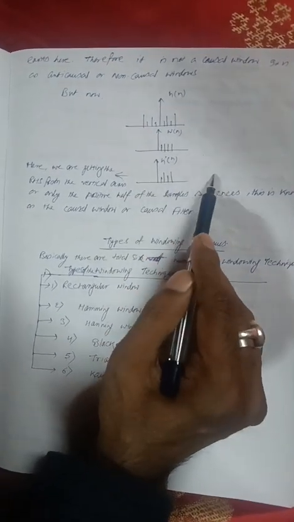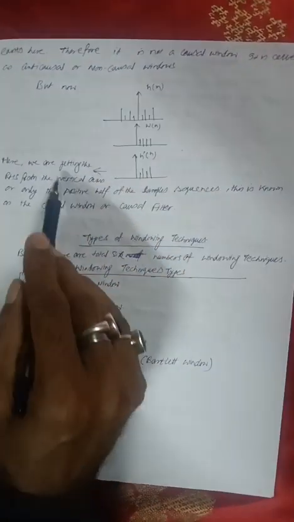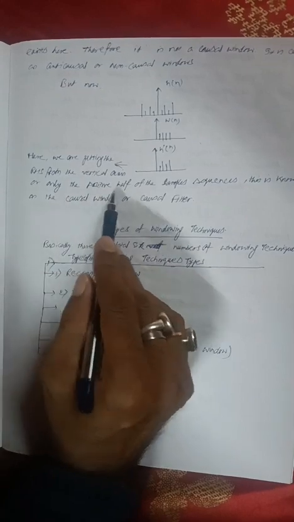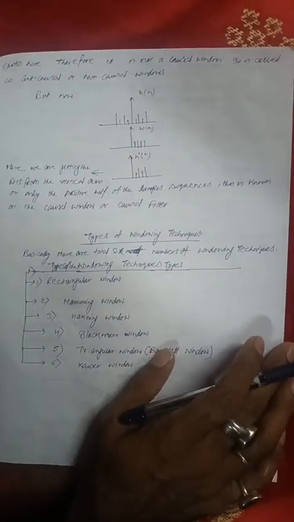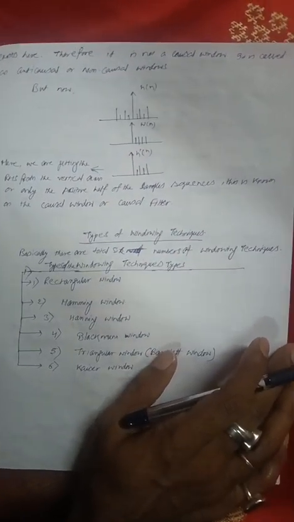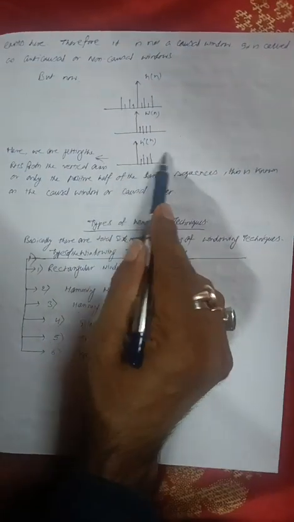So only the right hand side, that means this is my causal window. Here we are getting RHS, right hand side from the vertical axis, only the positive half of the sample sequences. This is known as the causal window or causal filter. So if a question is asked to design a causal filter, obviously we have to take this right side, not the left side.